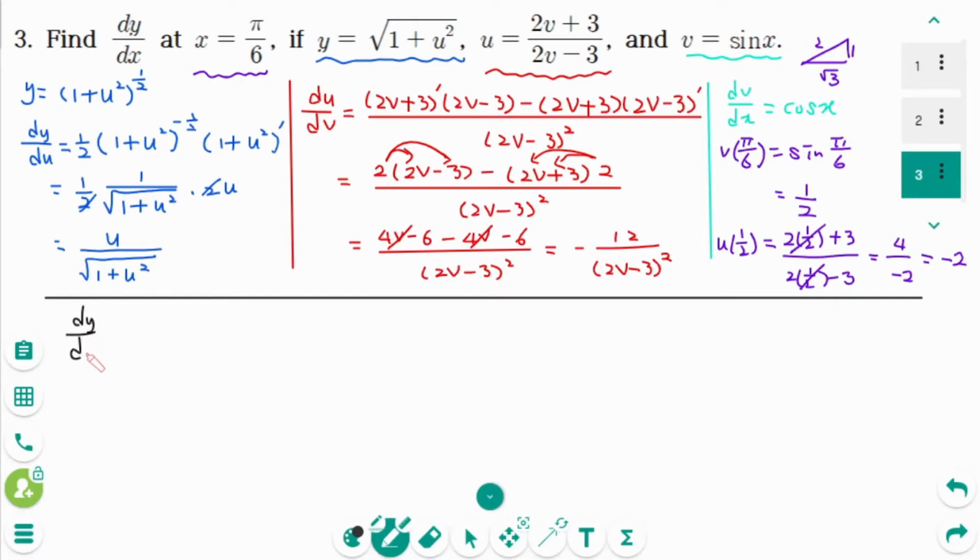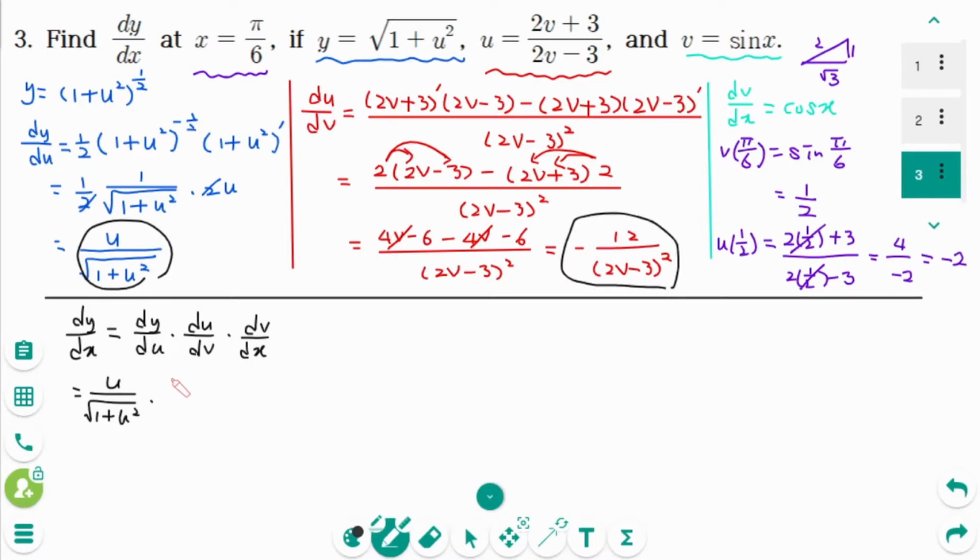dy/dx, we can rewrite as dy/du times du/dv times dv/dx, which equals the first one, u over the square root of 1 plus u squared, times the second one, minus 12 over (2v minus 3) squared, times the last one, cosine x.